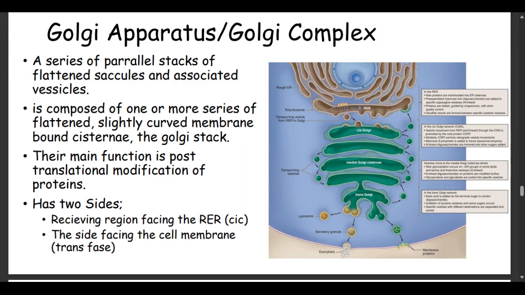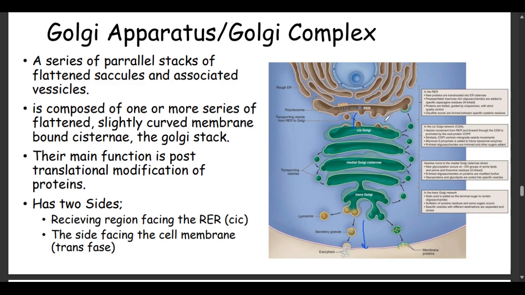That means packaging proteins for where they're going to be going, and packaging them based on their function, whether they're going to be remaining in the cell or they're going to be exported out of the cell, all of that. So these Golgi apparatus has what is known as a cis and a trans face. A cis face is where it faces the rough endoplasmic reticulum, where it receives the proteins from. While the trans face is where it's facing the membrane of the cell, where it's going to be exporting from.